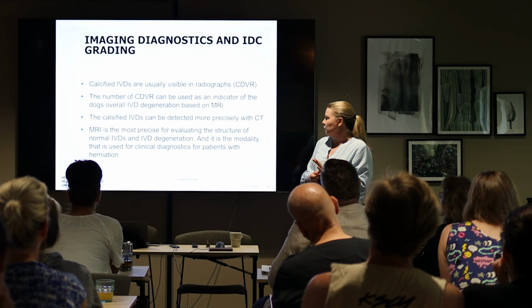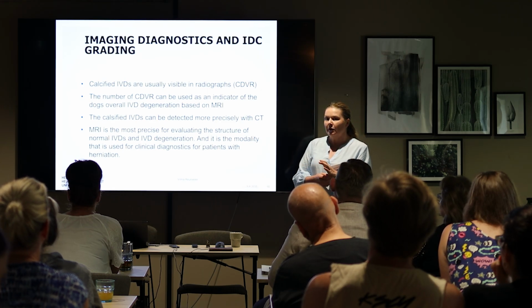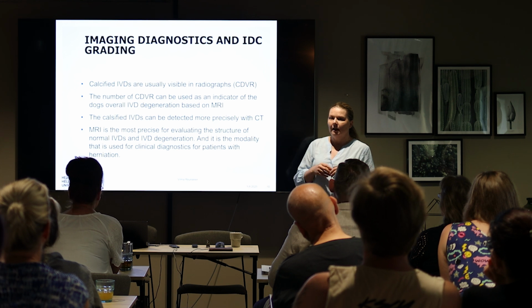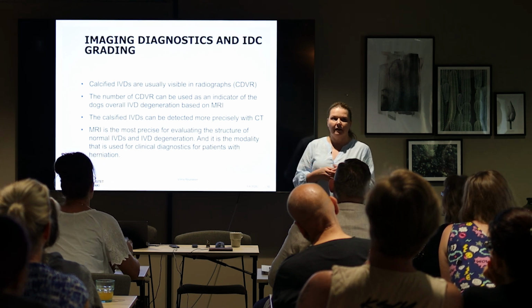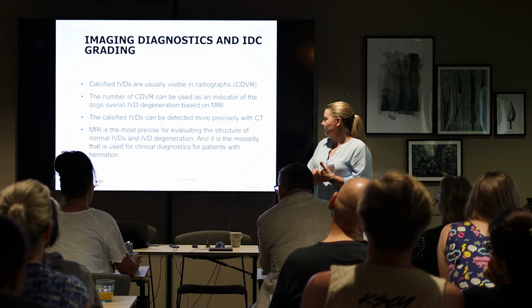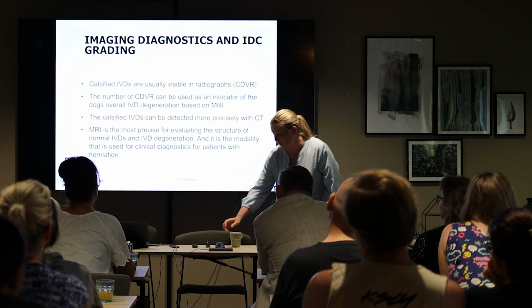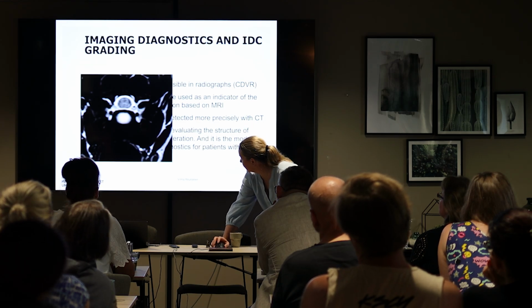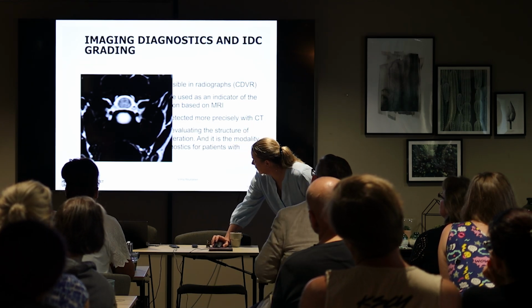The MRI is used for the clinical evaluation because we can see the spinal cord and the nerves and the vessels, and we can also see the healthy IVDs and the old stages of degeneration. So that's the modality for clinical diagnosis. And here are some MRI images of the normal disc.